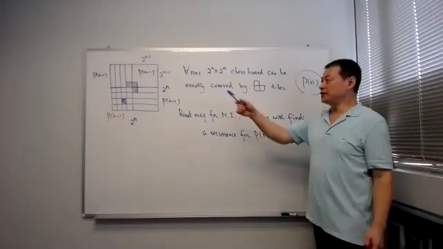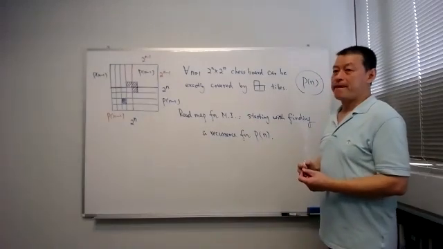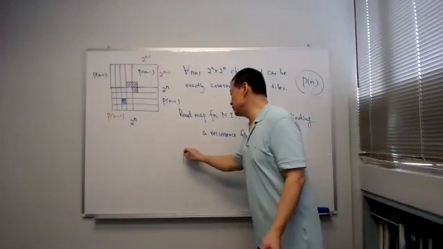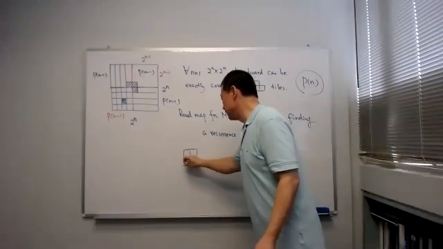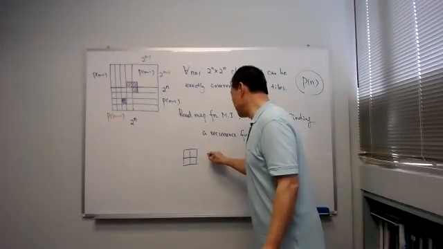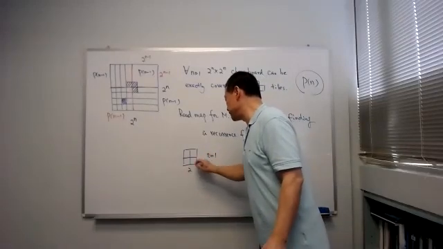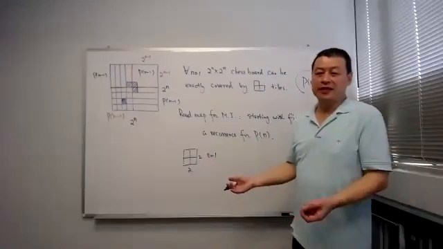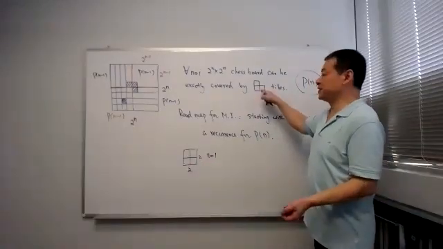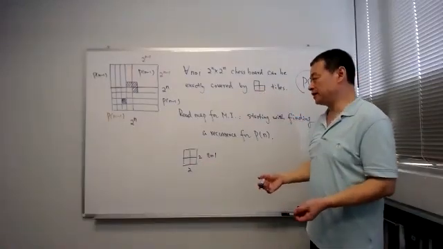Now, what's the initial condition? The initial condition is the board with n equal to 1, so a 2 by 2 board. For this one, if one square is removed, it becomes this tile. Of course, it can always be done. So it's very trivial.